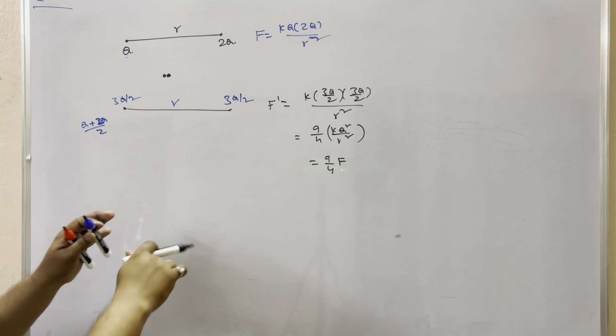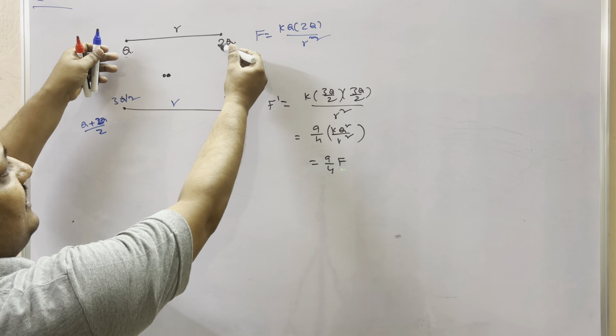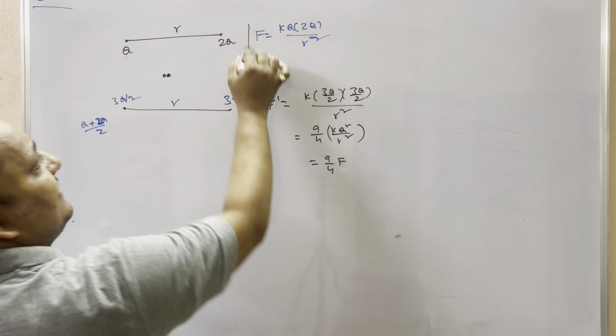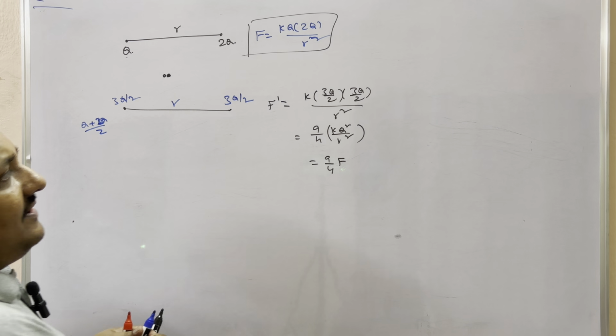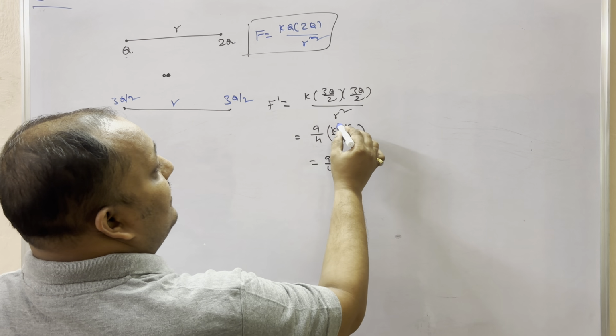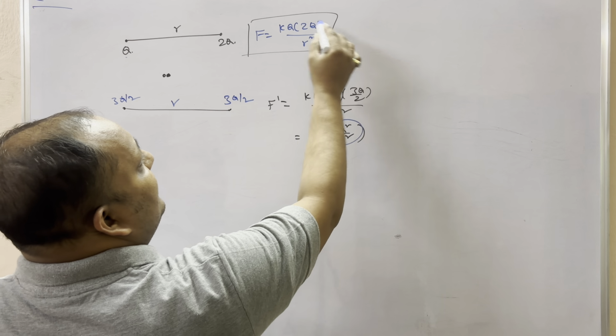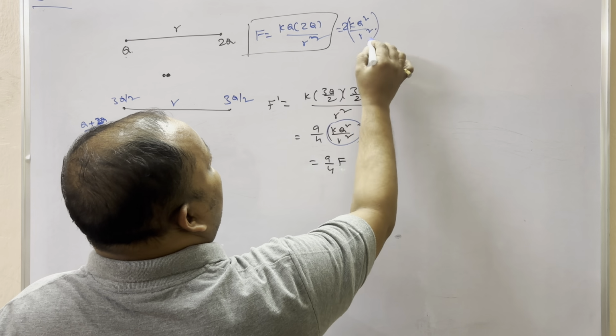For the same question, how we should practice? Say two charges we have taken, q and 2q. Force between them is k q into 2q by r square. Sorry, here kq square by r square, 2kq square by r square.